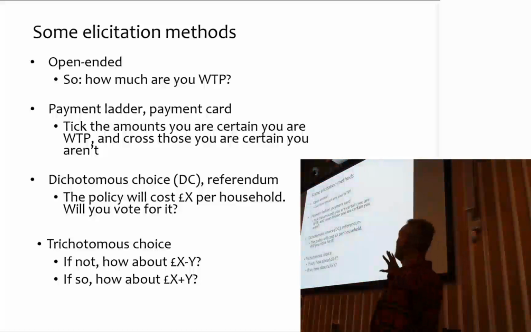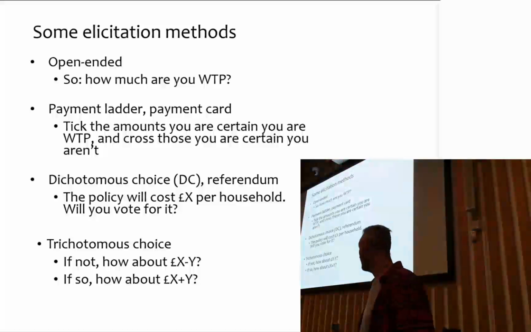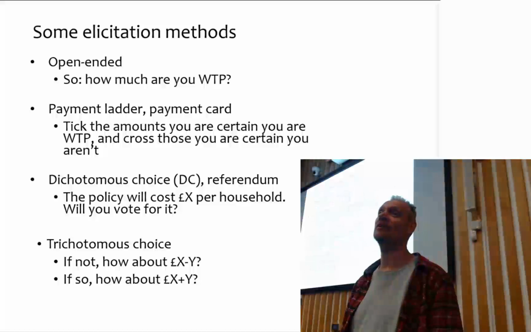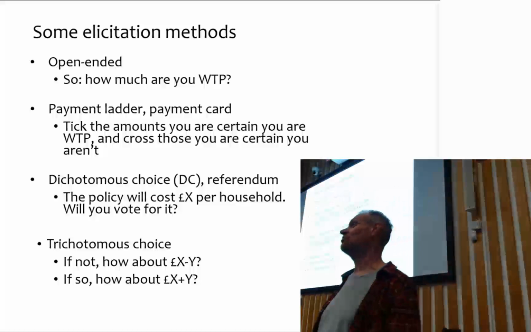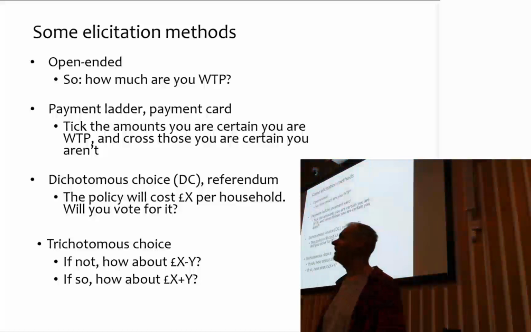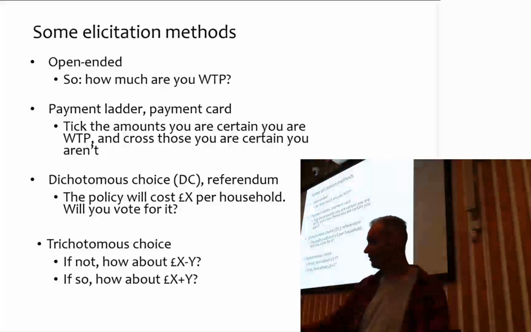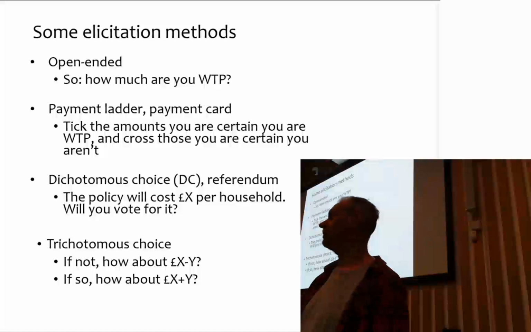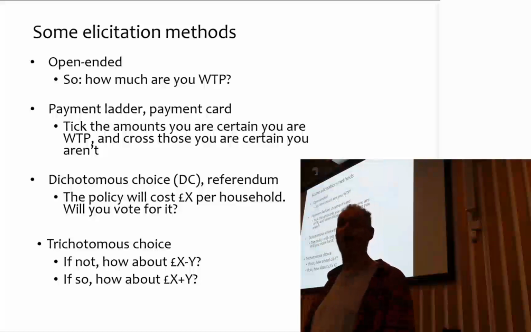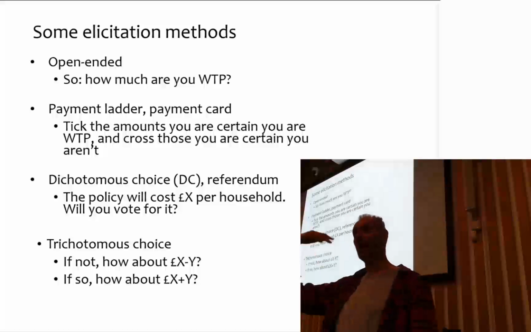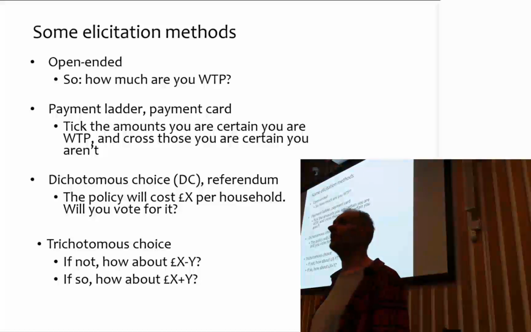One way of getting a little bit more information is to use so-called trichotomous choice, where the question is, are you willing to pay 50? And then if you say yes, then I have a follow-up question, are you also willing to pay 75? And if you then say no, I have a lower bound, 50, and an upper bound of your willingness to pay, right? It must be somewhere between 50 and 75.